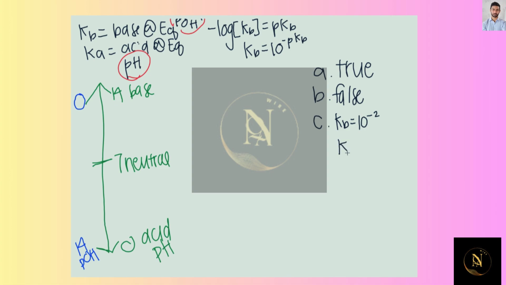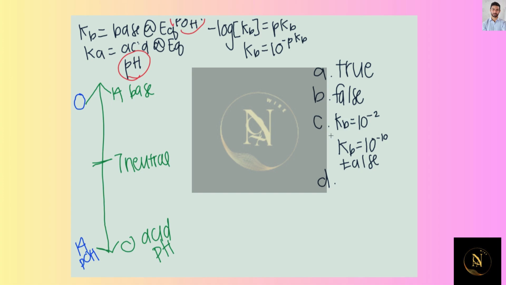But if we have a weak base, somewhere closer to the 14 range, let's say 10, it'll be a very small number. So a strong base gives a larger Kb, and a weak base gives a smaller Kb. So C is false.